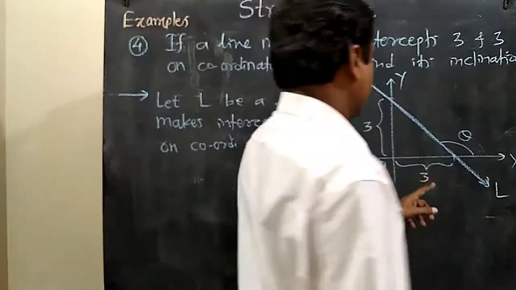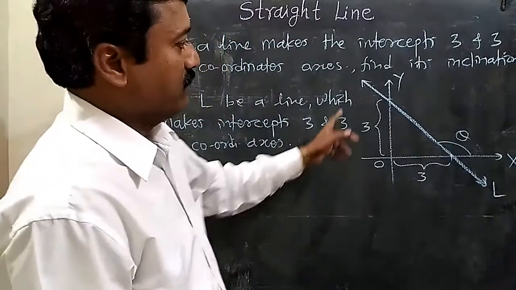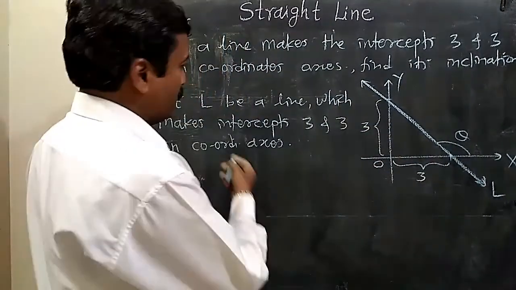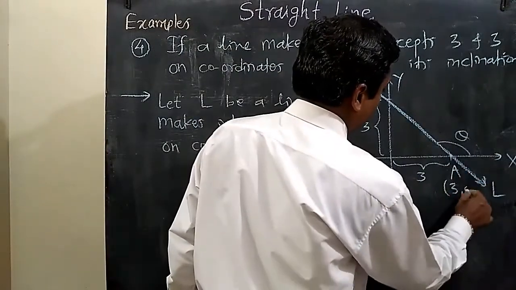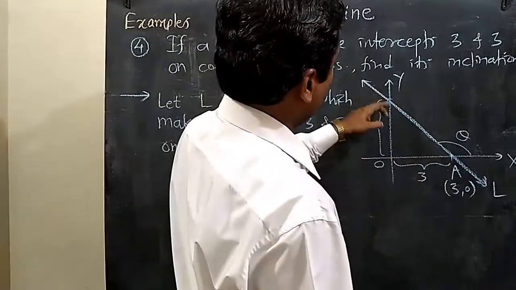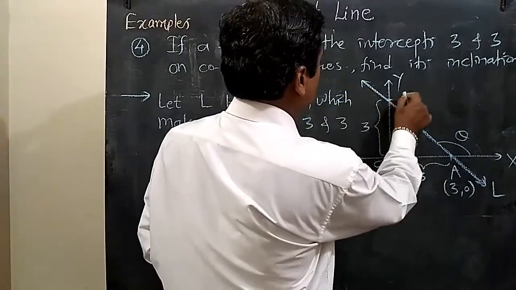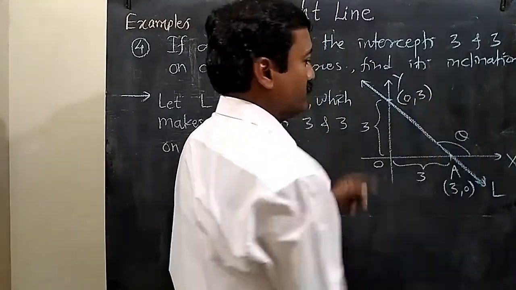Obviously, by knowing these two intercepts, we can find the slope of line. Here the coordinates of point A will be obviously 3, 0, where the line cuts x-axis. This line L cuts y-axis at this point, so its coordinates are 0, 3.